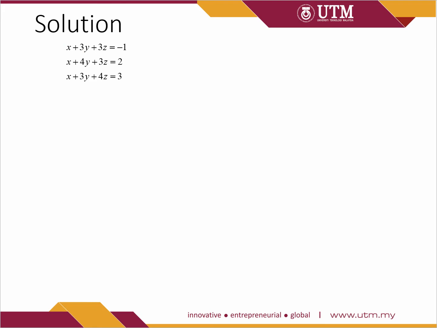So for the first step, we have to transform the system of linear equations into the matrix form, which is in terms of AX equals B, where our A is equal to 1, 3, 3, 1, 4, 3, and 1, 3, 4. And our X, so the variables involved here, is x, y, and z.